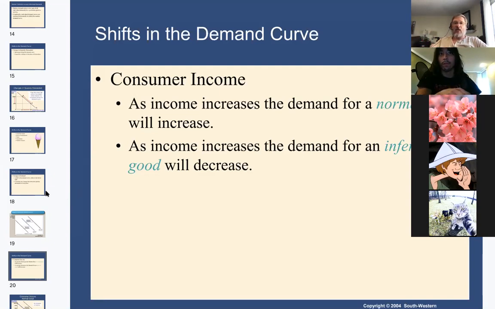Christopher Cheng, you're my first volunteer. Give me an example of an inferior good. Well, my example is a little bit more complicated, but because of cell phones, we're sort of advancing in terms of 5G, 4G.